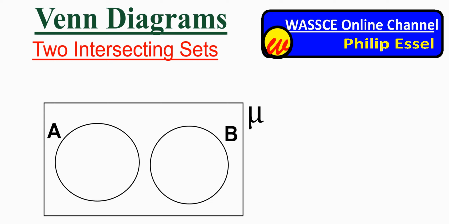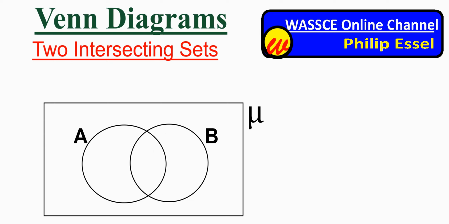We have another set, set B, which is also a subset of the universal set. So it has also been drawn inside the universal set. At this point, we intersect set A and set B. Now, set A and set B have intersected.